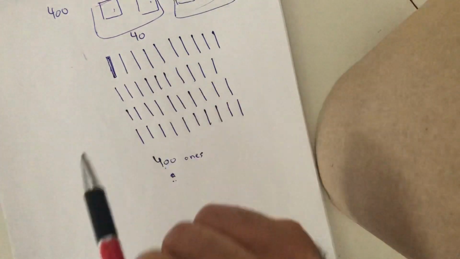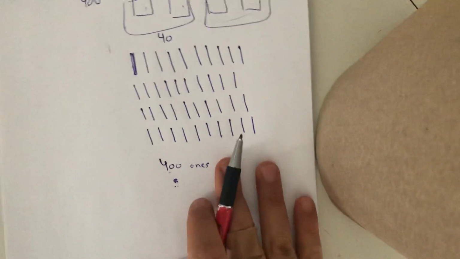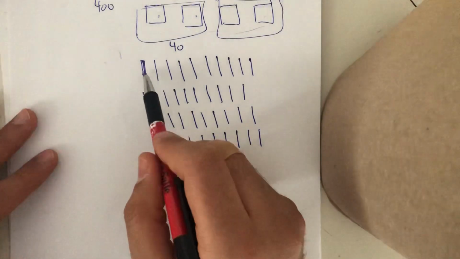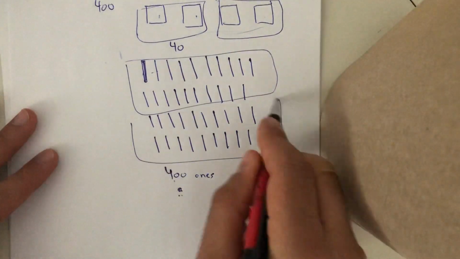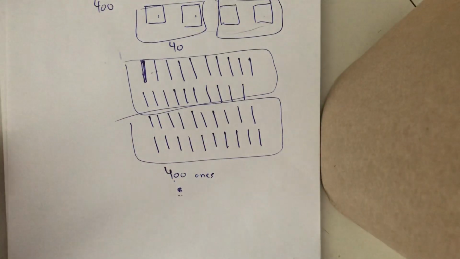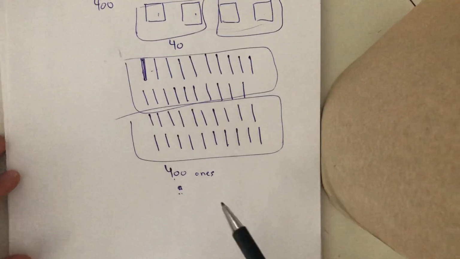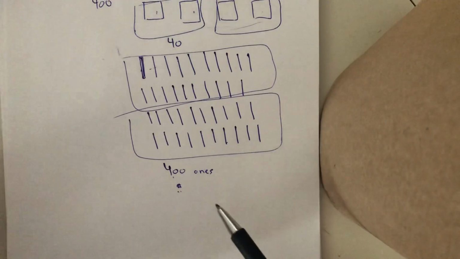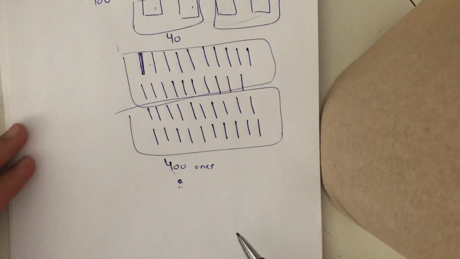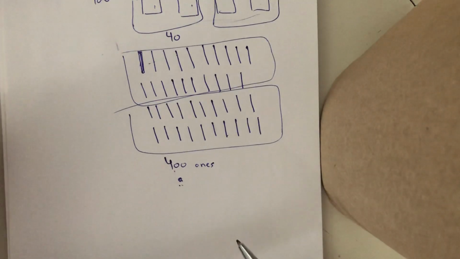If I'm using the rods, can I split them into 2 groups? Yes, I can. 20 of these would be 1 group. 20 of these would be 1 group. So we would have 2 groups. And if we had 400 ones, we'd split them into 2 groups, 200 ones in 1 group, 200 ones in another group.